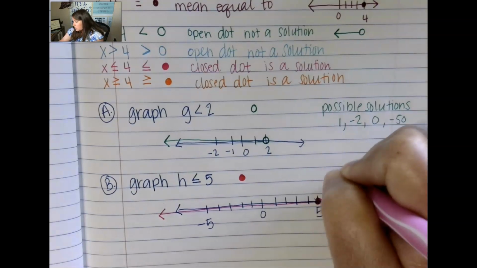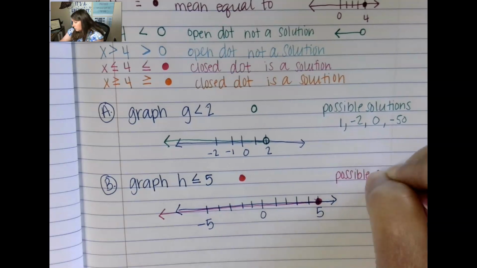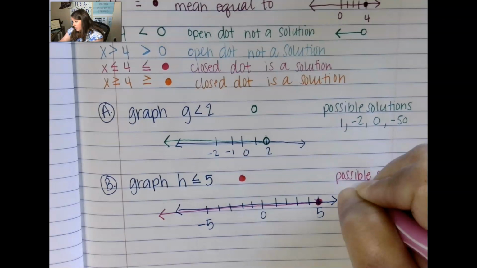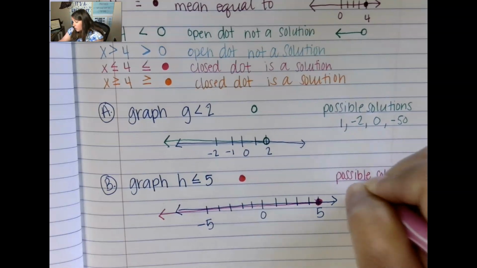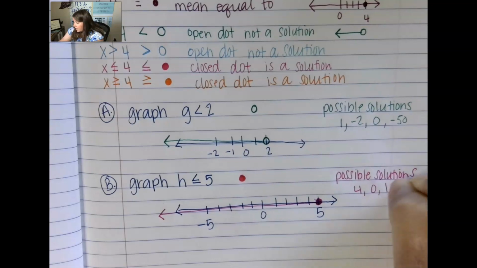So possible solutions could be 4, 0, 1, -5, -10.